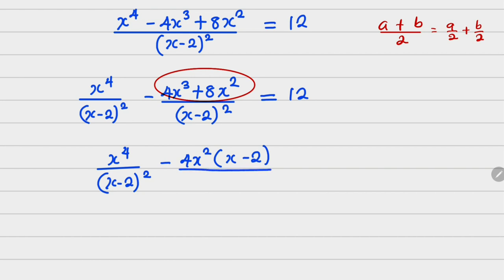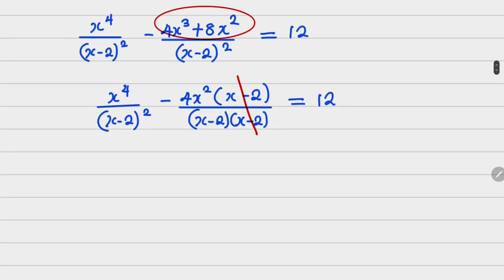Okay, then if I wish, I can have this as (x minus 2) into (x minus 2). Why I'm doing this is because I want to open it so that you see how I'm going to cancel it. Now can you see that these two cancel themselves out? So I don't have any issue with that. This is x raised to power 4 all over (x minus 2)² minus 4x squared all over (x minus 2). And this is equals to 12.